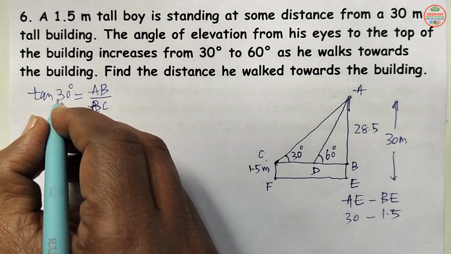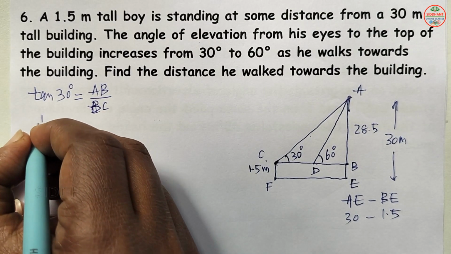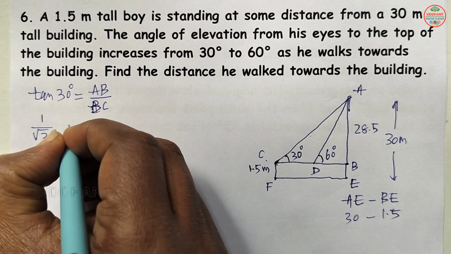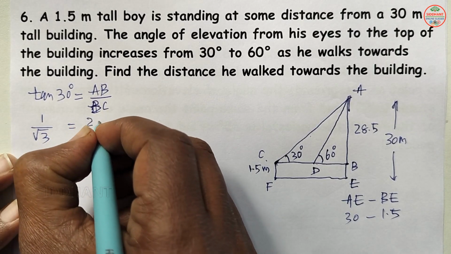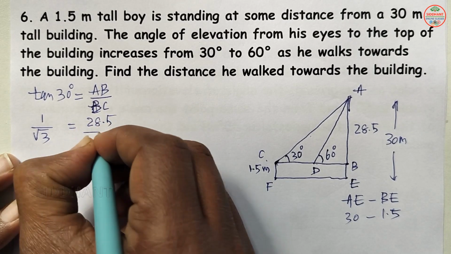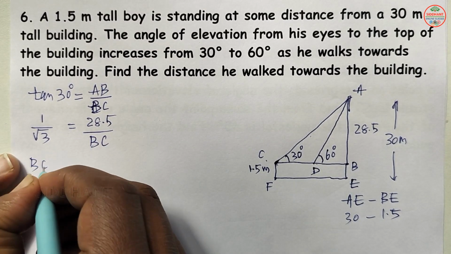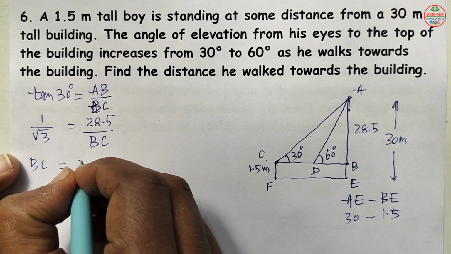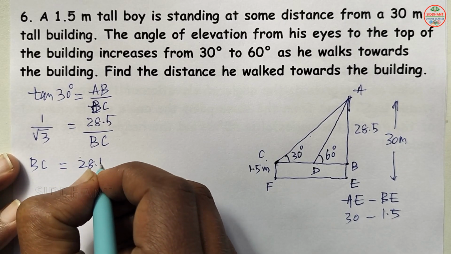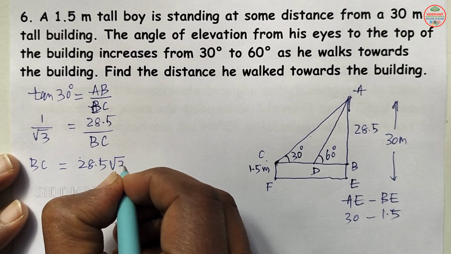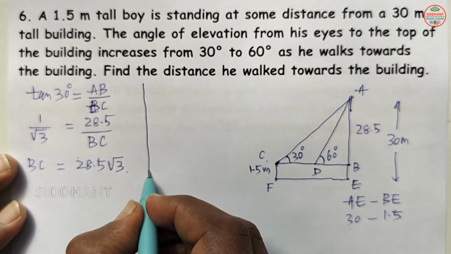So we get tan 30, which is 1 by root 3, equal to AB 28.5 by BC here. So BC equals 28.5 root 3 here. So this is BC.